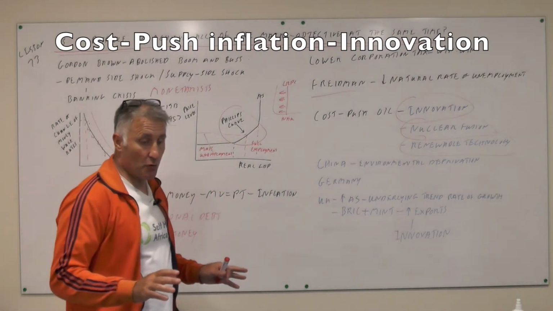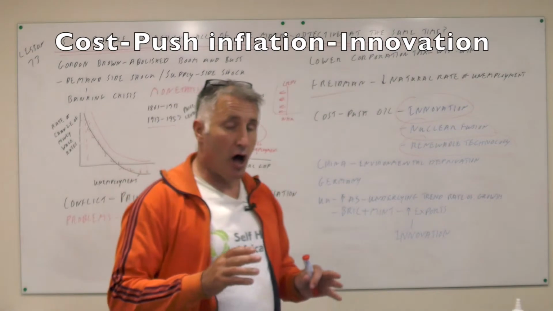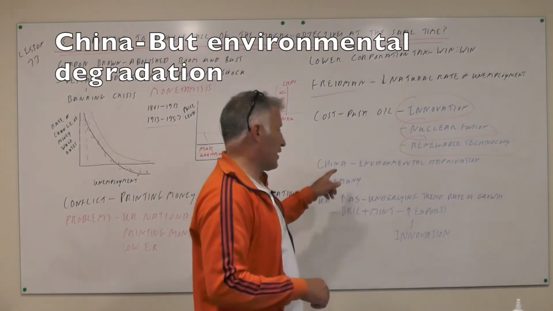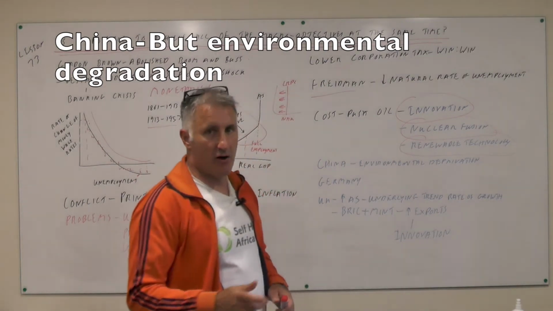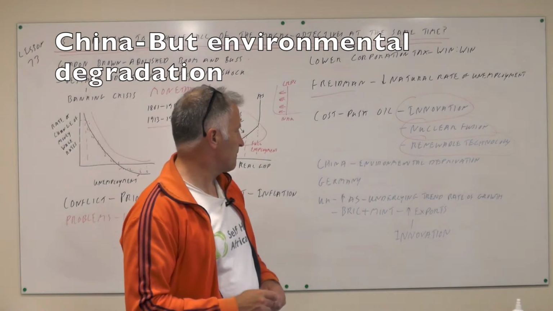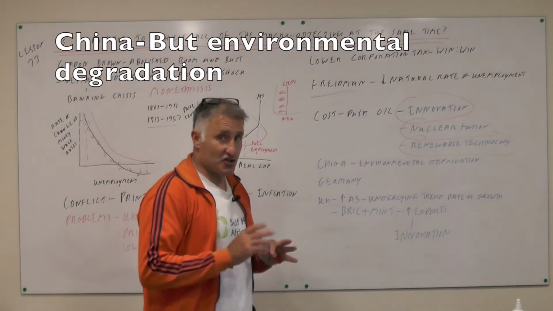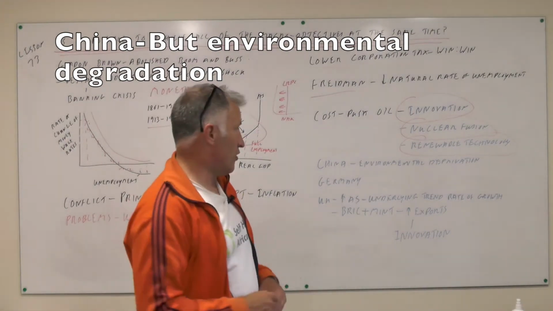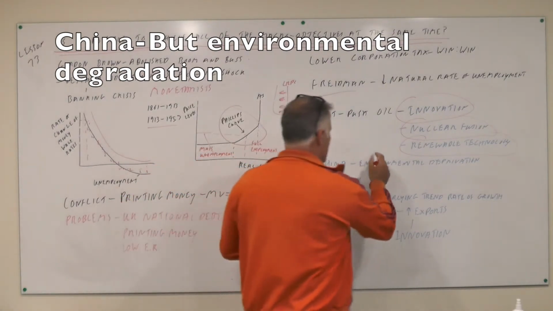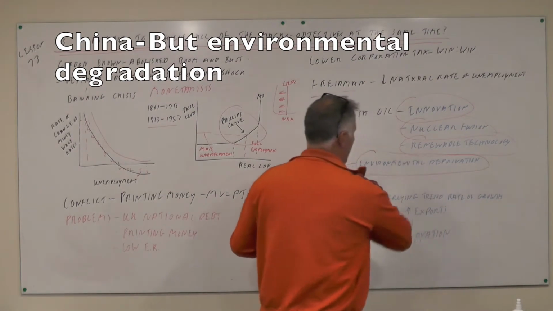There are some countries in the world which have been able to achieve a lot of their macro objectives, e.g. China. China has falling unemployment, very high rates of growth, an extremely high trade surplus, and it also has achieved relative price stability over the last 30 years. The only thing that's gone wrong with China is that there is environmental deprivation.